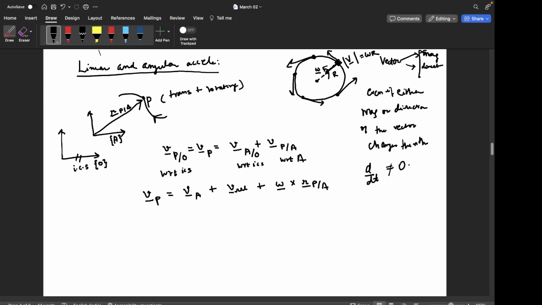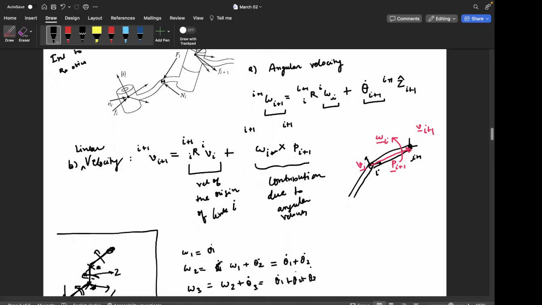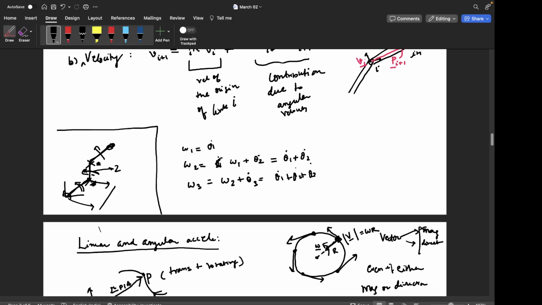Here, the Vrel term is not there in this equation because the distance between i and i plus 1 is not changing. They are two points on the same body, so the distance between them is not changing. That's why that term is not present here.